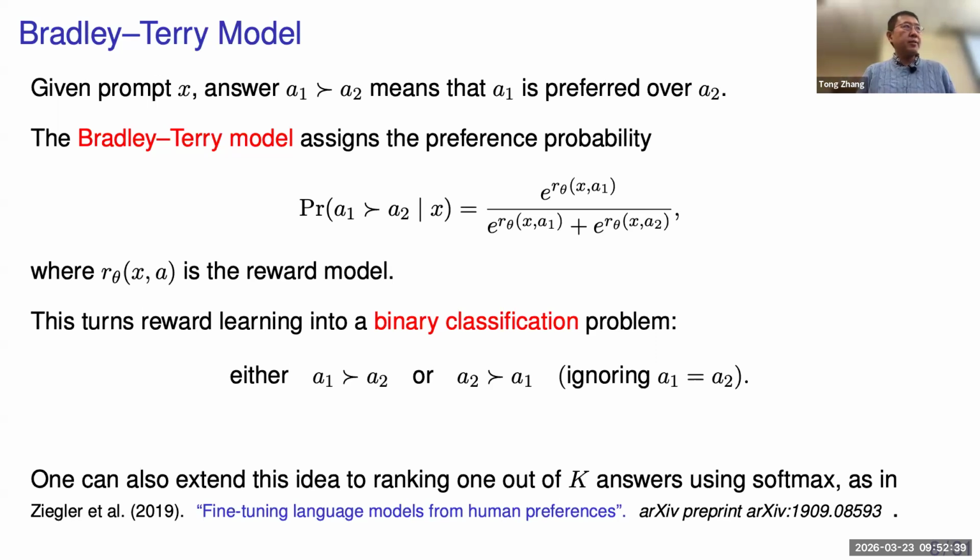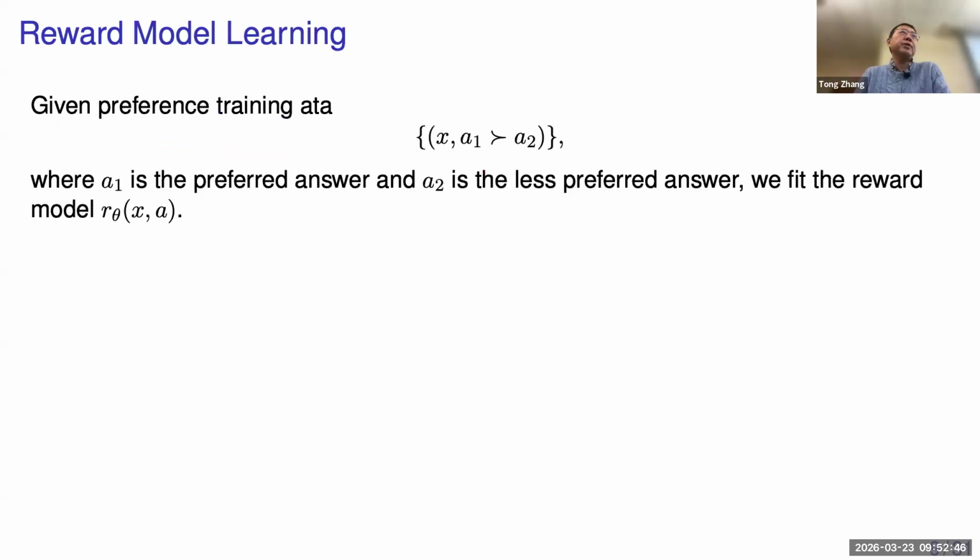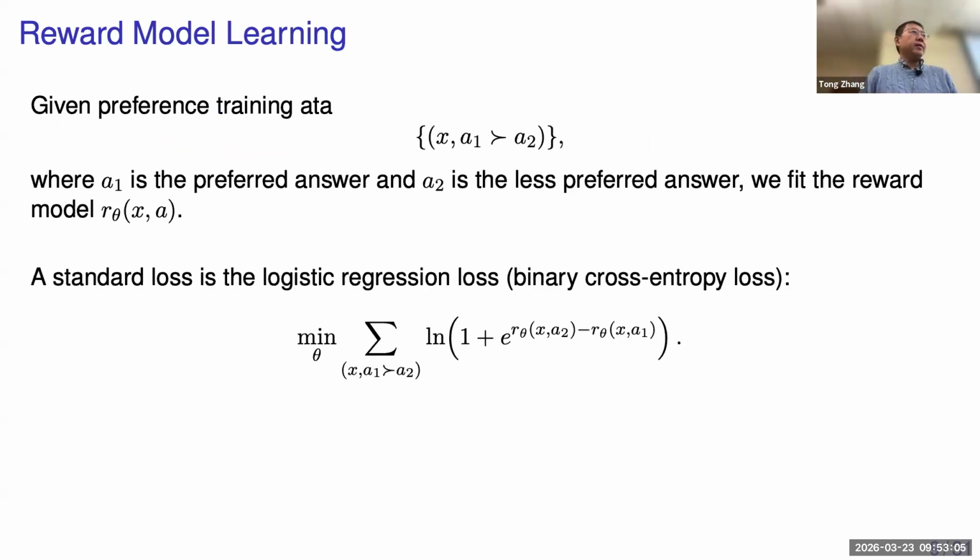Okay, so this is the model. How do I estimate it? Estimation is pretty simple. Once you treat this as a classification problem, you have a class label: A1 preferred over A2, or A2 preferred over A1, or they are not distinguishable. So you compare the rewards, using binary cross-entropy loss on the reward function.